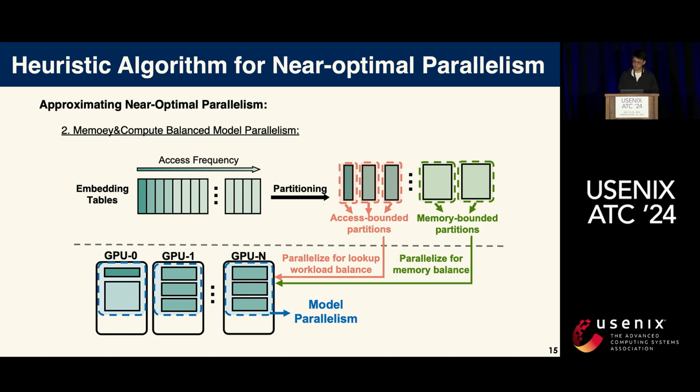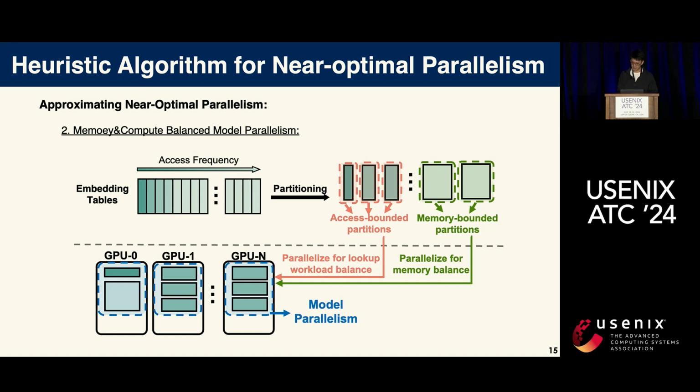And next, we perform model parallelism to distribute all embedding partitions across all GPUs. Specifically, we separate all partitions into two types, access-bound partitions and memory-bound partitions. And we then parallelize these partitions using a greedy approach with objectives of access balance or memory balance, respectively. And this helps us achieve a balanced model parallelism in terms of both access frequency and memory consumption across all GPUs.